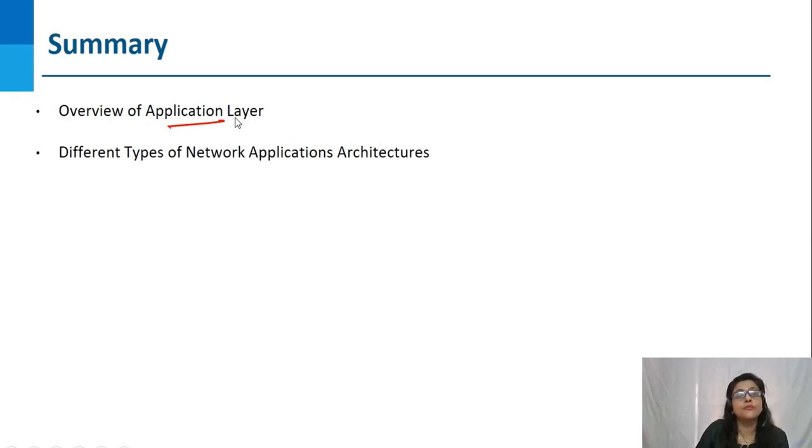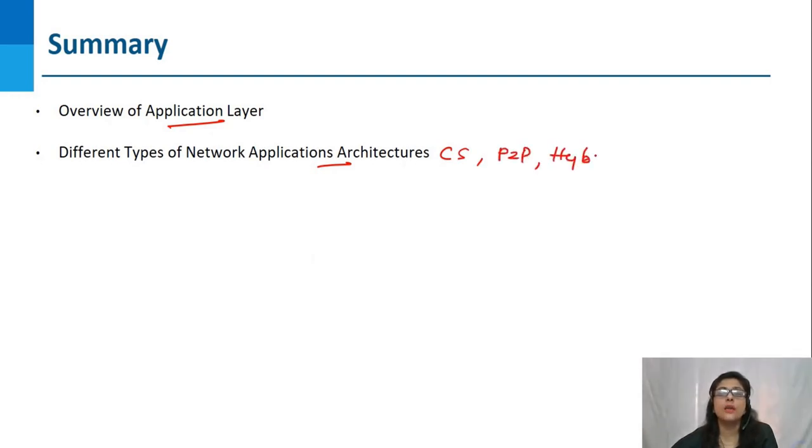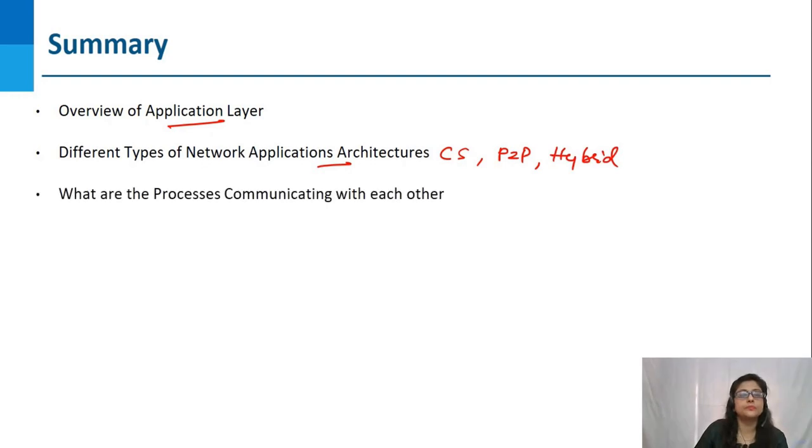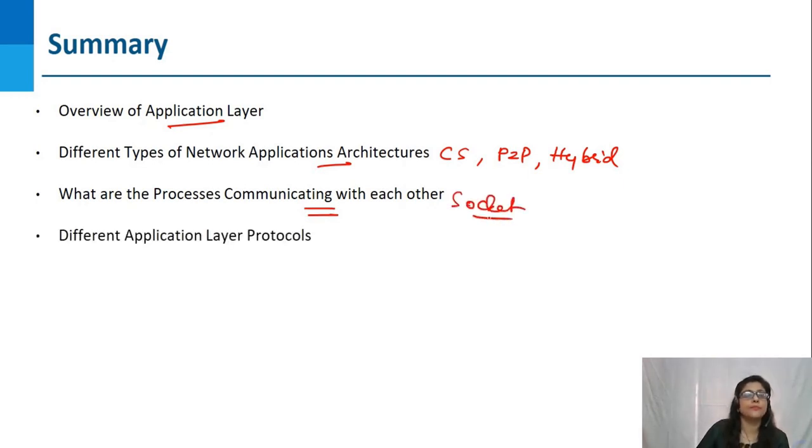To summarize, in this video we have learned about the overview of the application layer. We have learned about the different types of network application architecture, like client-server architecture, P2P architecture, or the hybrid architecture. We have learned how processes communicate with each other by using the socket.